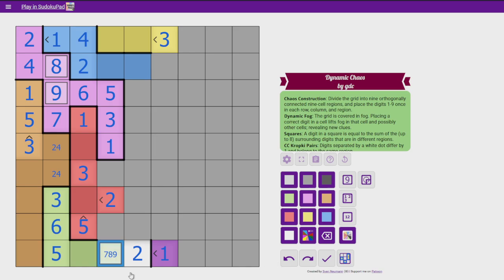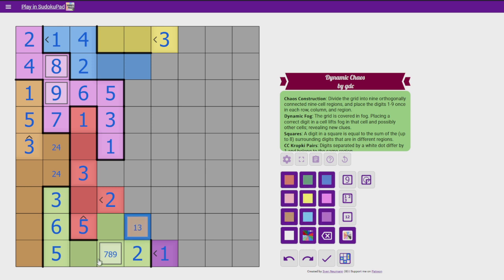If this was an 8, then these 3 cells, whichever ones aren't in the region, have to sum up to 3. That can't be a 1, 2, or 3. That could be a 3. But if it was a 3 alone, then that would mean these 2 are green, and this is brown, or purple, or whatever.